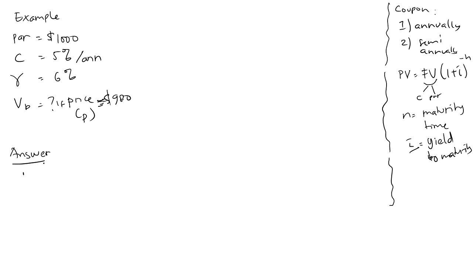Let me put a diagram line here: 0, 1, 2, and 3. On our present time, there is the price and also the valuation of the bond, 980 here.